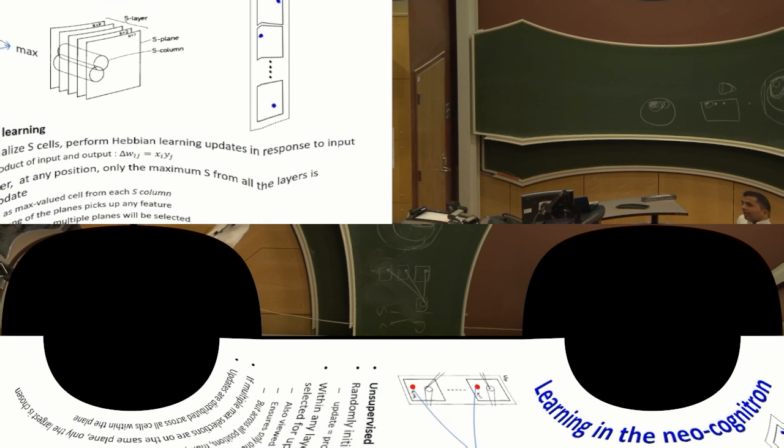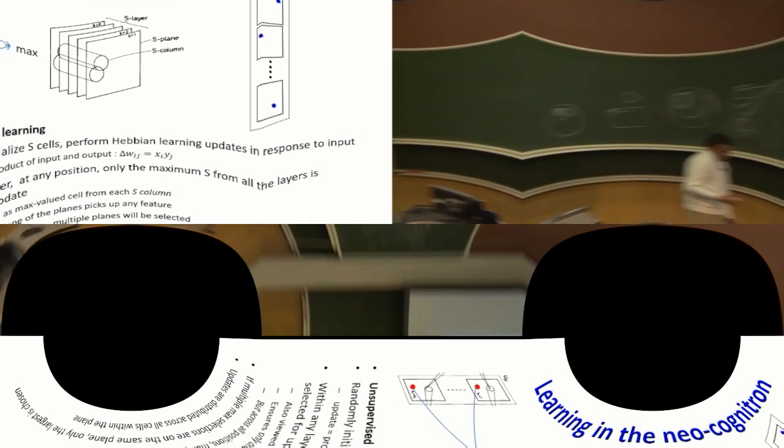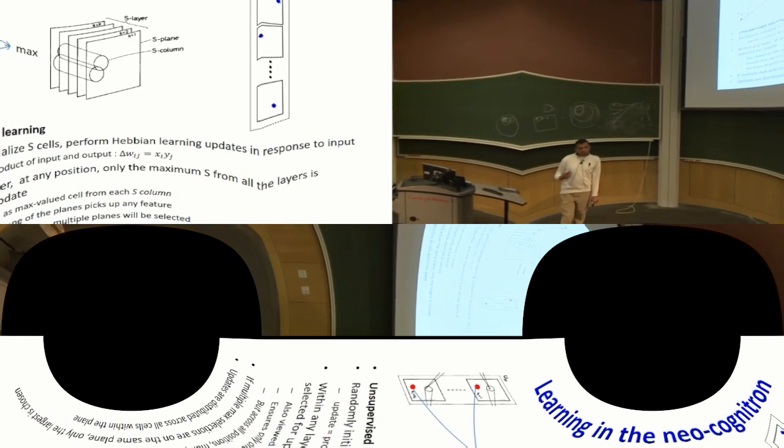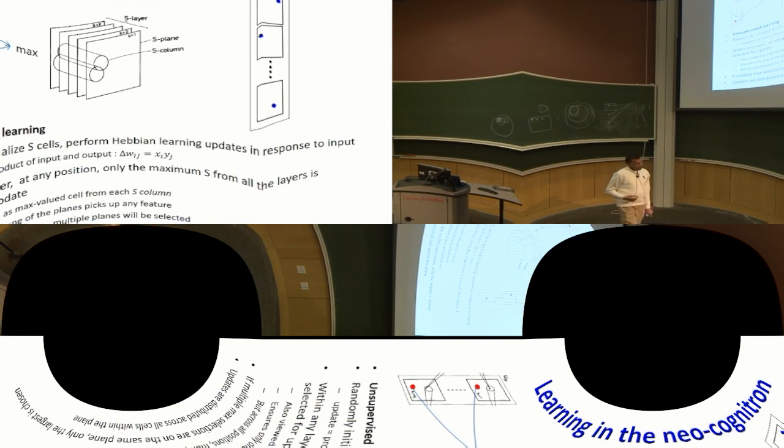Fukushima actually proposed an unsupervised mechanism by which these layers could be learned. Firstly, he said that, as I mentioned, only the S layers can be learned, and he proposed a Hebbian mechanism for learning. So consider a location over here.